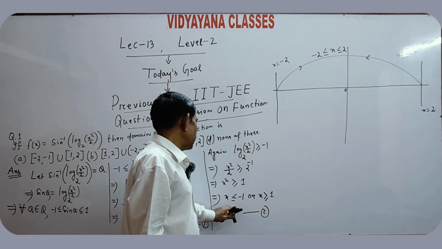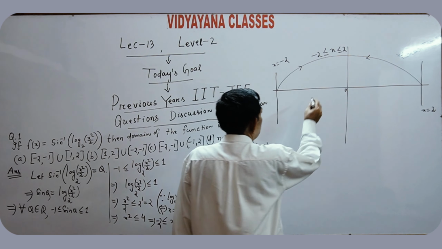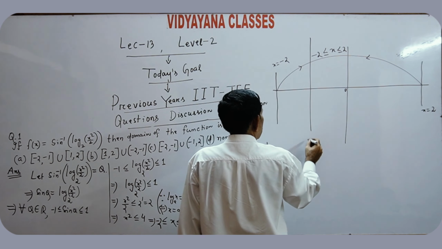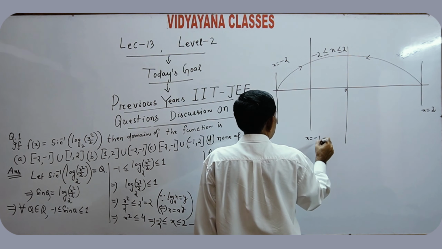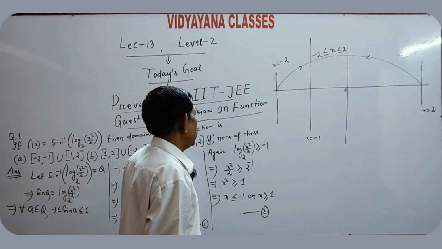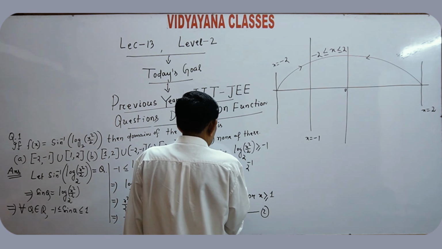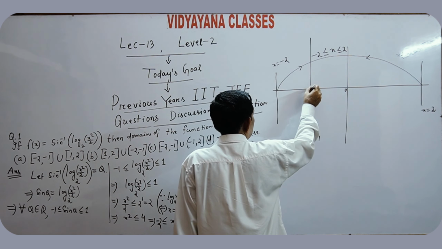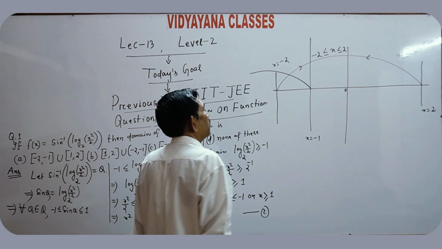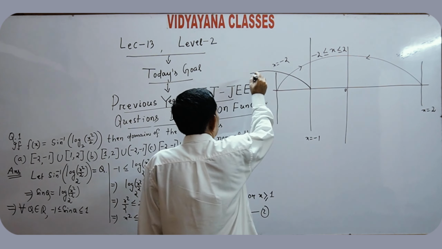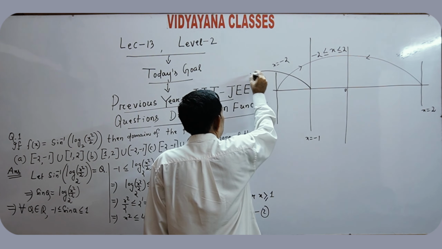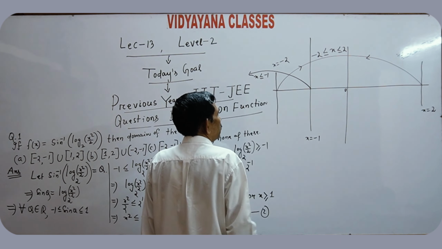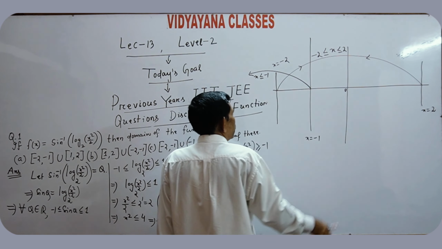Again we have x is equal to minus 1. This line is x equal to minus 1. x less than or equal to minus 1 is represented here. x greater than or equal to 2.